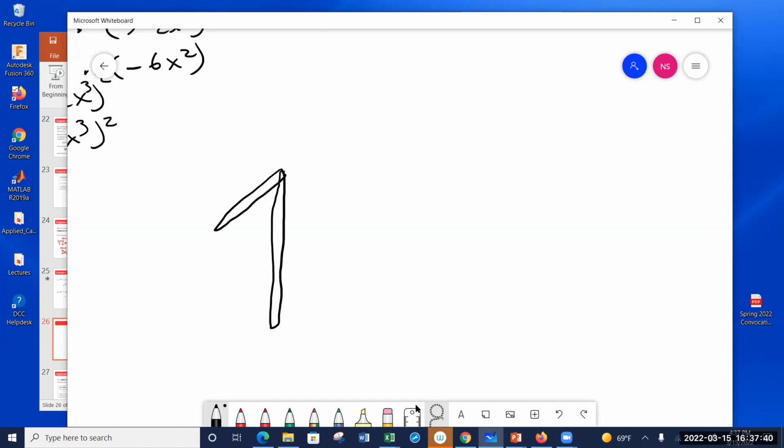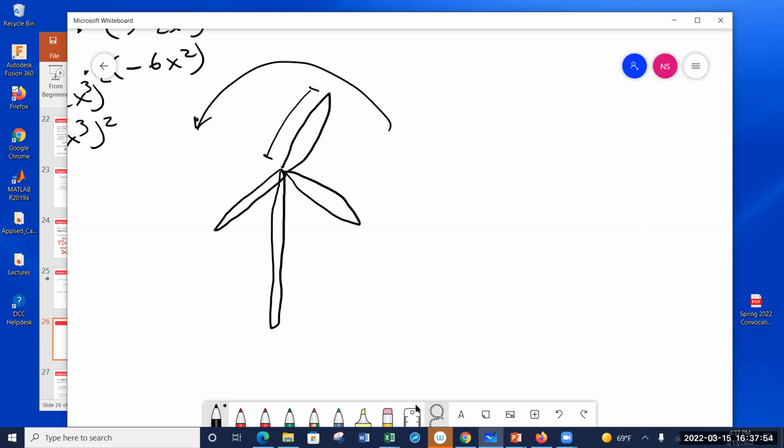It has wings, and this rotates like a fan. Let's say this is rotating that way. The length of each fin is 116 feet.